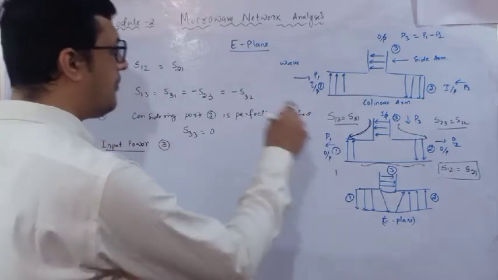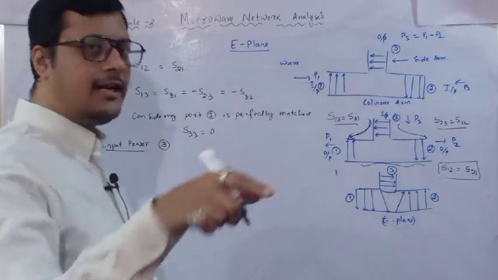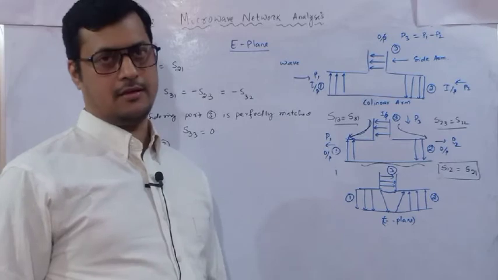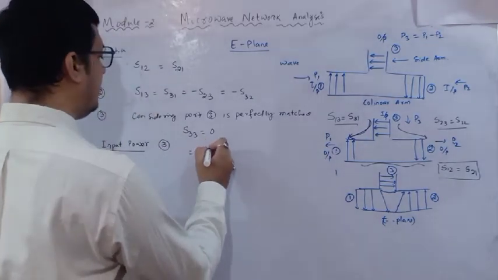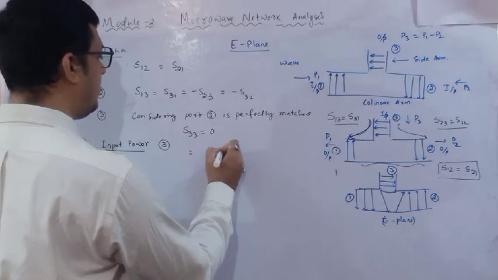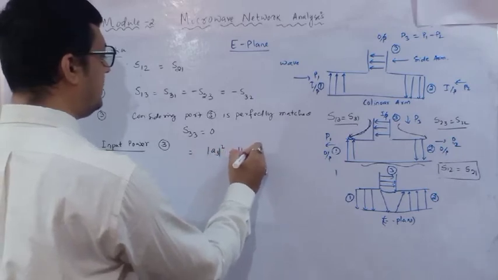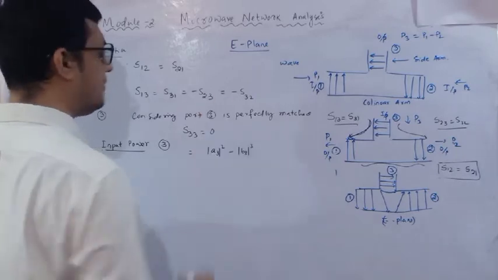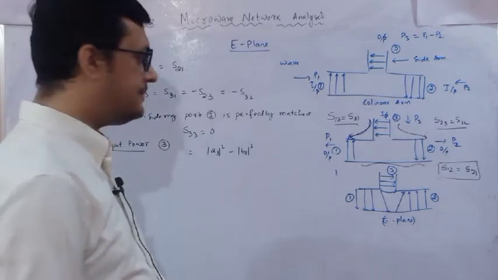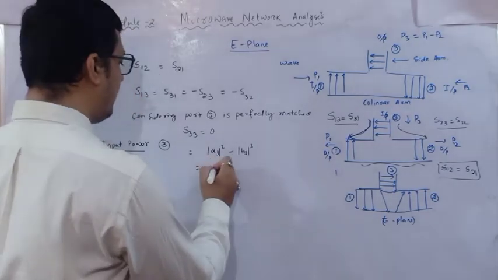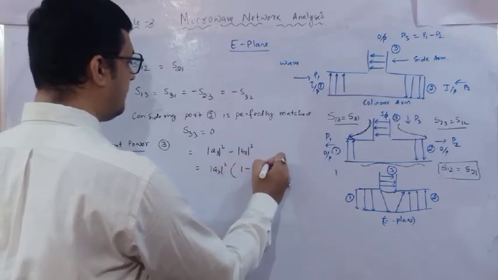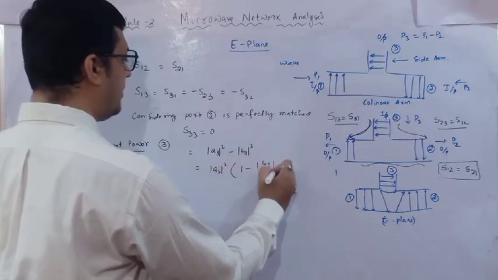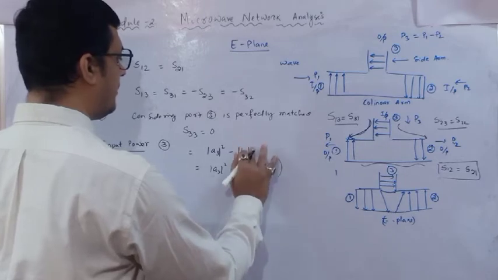So when we are providing, we have incident power and reflected power. So what is the transmitted power? So here I will write, it is mod A3 square minus mod B3 square. So this is the input power. Done. So what I will do, I will take this A3 square common, 1 minus B3 by A3 whole square.